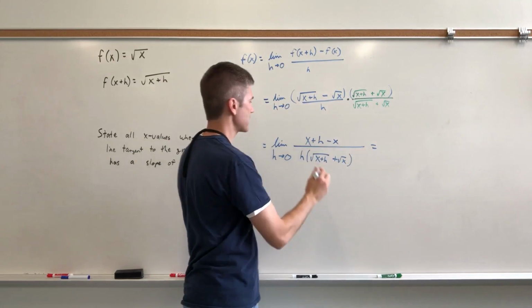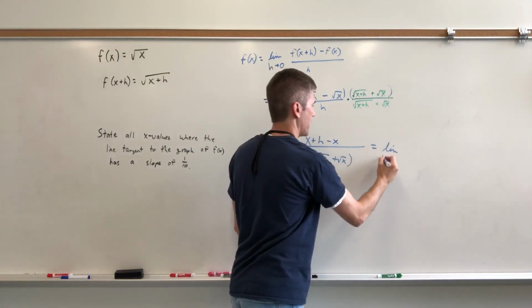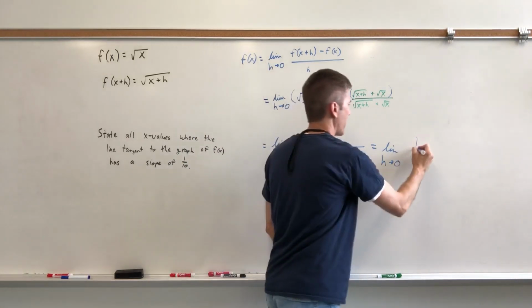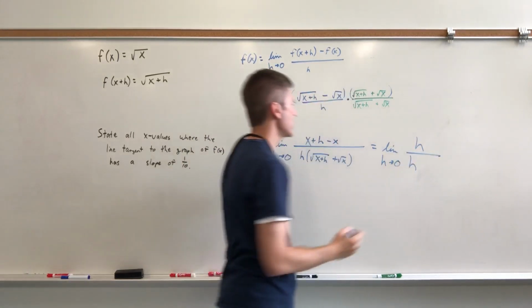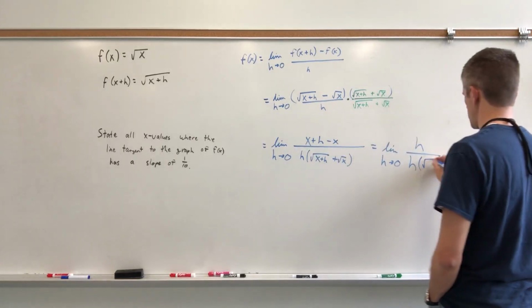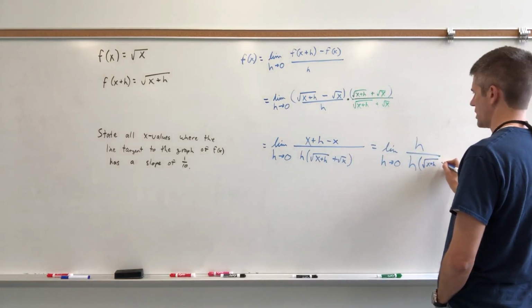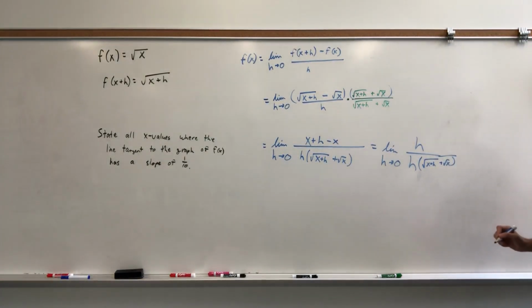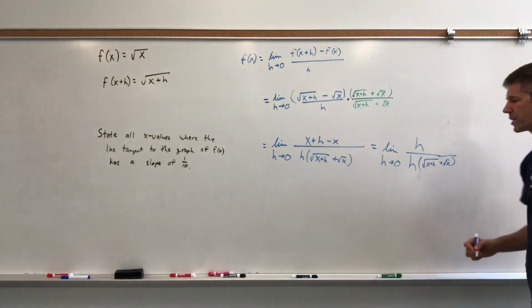We bring this over here. We see the x minus the x, and we have the limit as h approaches 0. The x and the x cancel, and I have h over h, and then all that stuff in the denominator in parentheses, the square root of x plus h plus the square root of x. I might be off the screen, am I? No, I'm not. Still have plenty of room. Sloppy, but plenty of room.